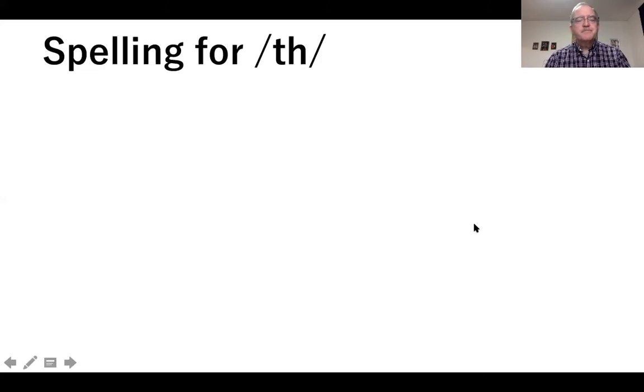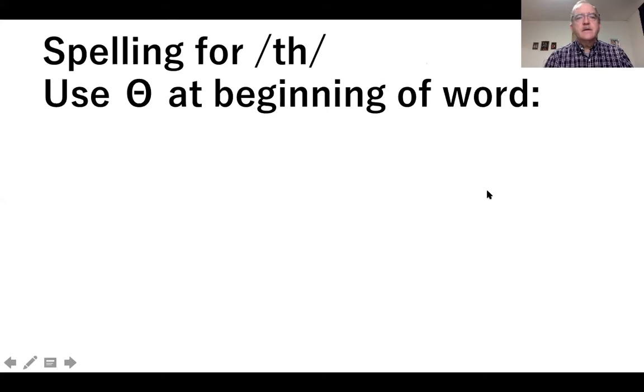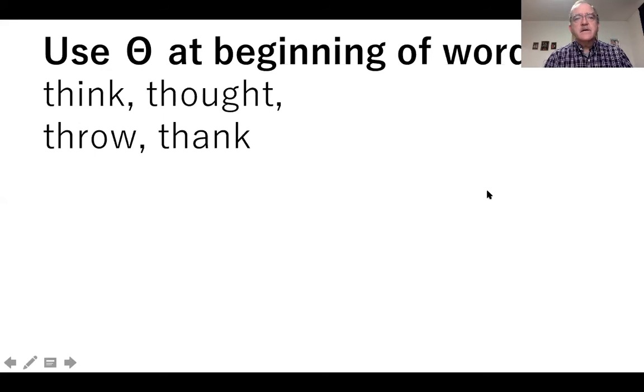Here we go. Spelling for TH. Now, first of all, you use this, theta, no voice, at the beginning of most words, okay? Here we go. Think. Okay, please repeat. Think, thought, throw, thank.